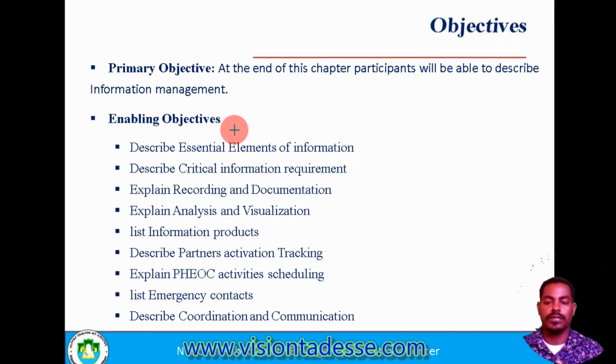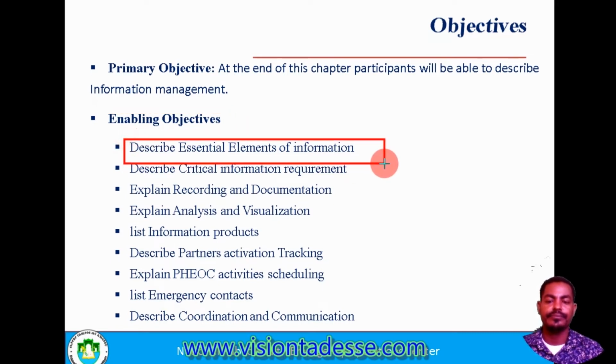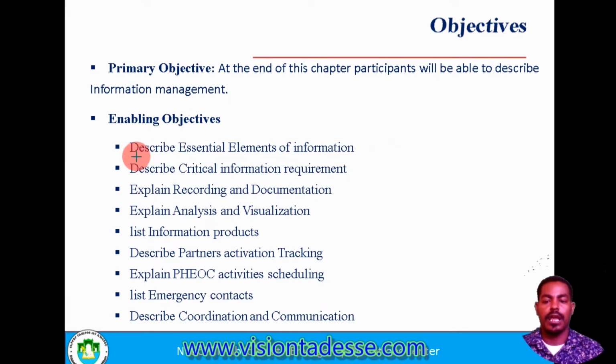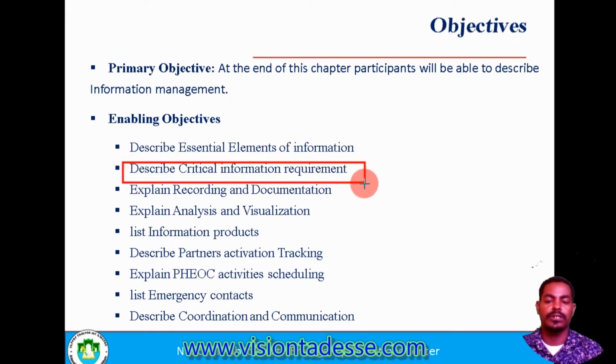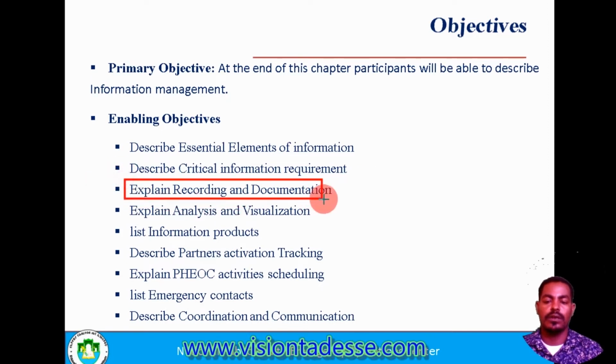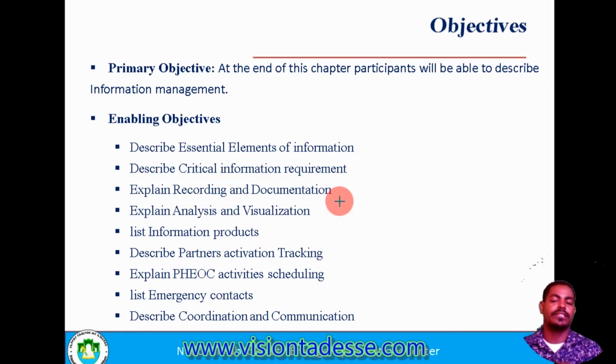It's important. Describe the essential elements of information and describe critical information requirements, that means CIR. Explain recording and documentation, explain analysis and visualizations, list information products, and describe partner activity tracking.